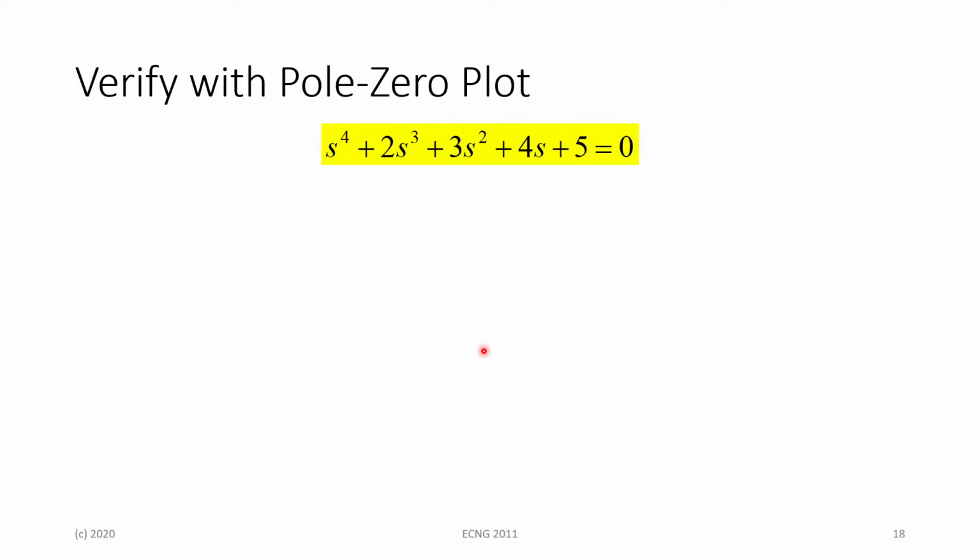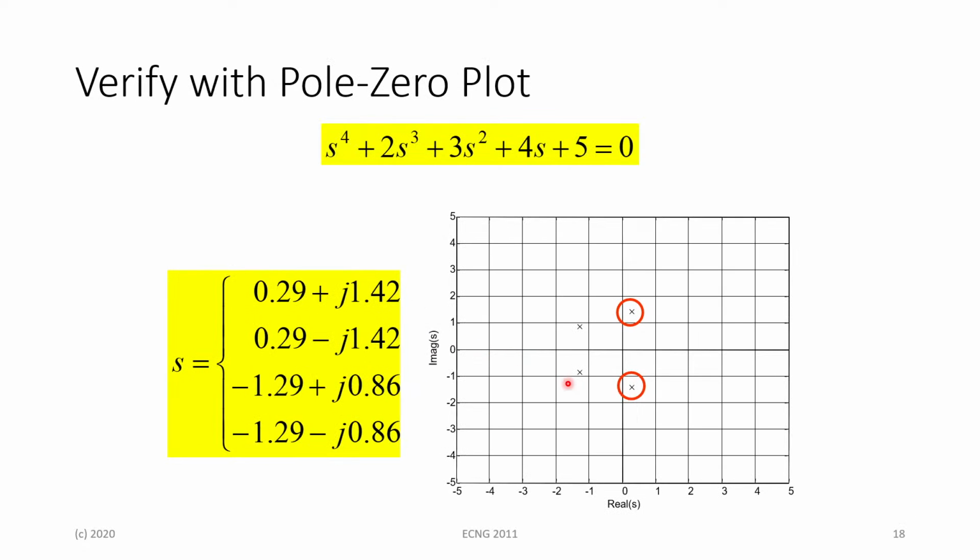So in this particular case, because we had two sign changes, that's going to be two poles lying on the right-hand side of the S-plane, meaning S more than 0. And the other two poles are going to be on the left-hand side of the S-plane, meaning S less than 0. If we solve for the roots of this equation, we can see where our poles are physically located.